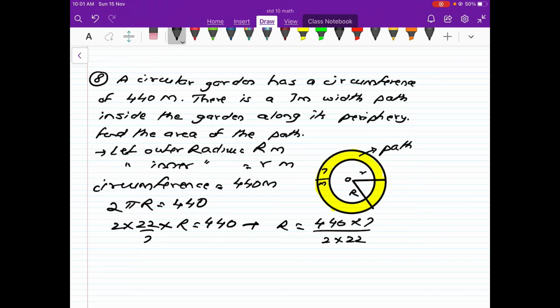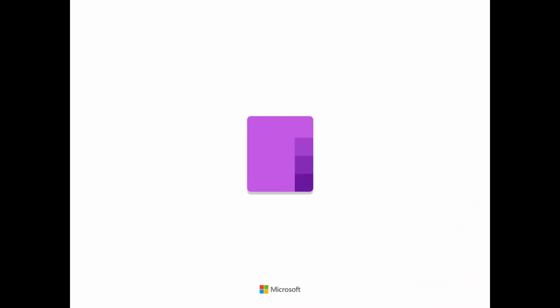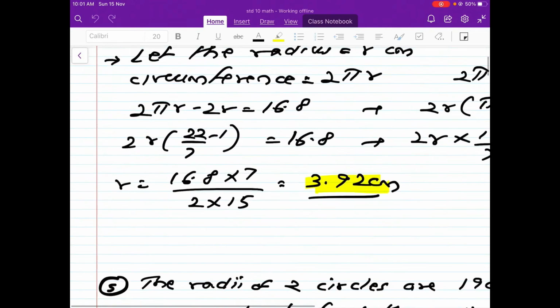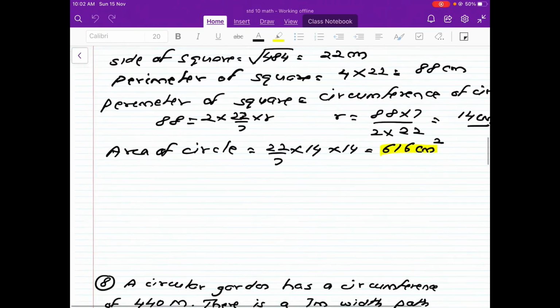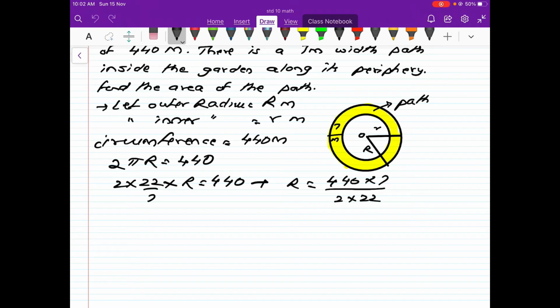So this is 70 meters. So the outer radius is 70 meters.